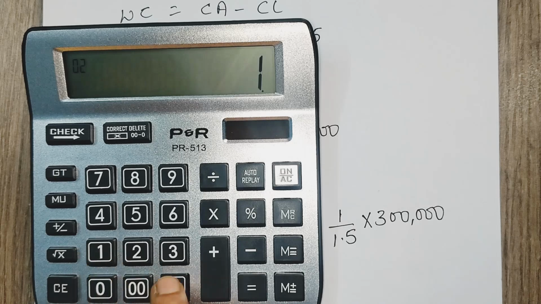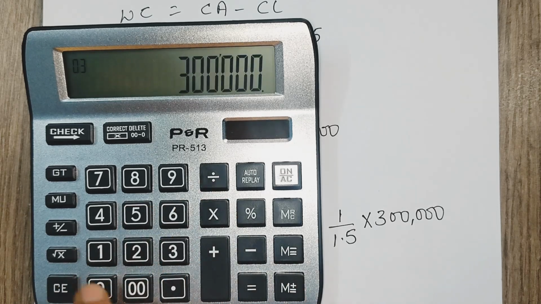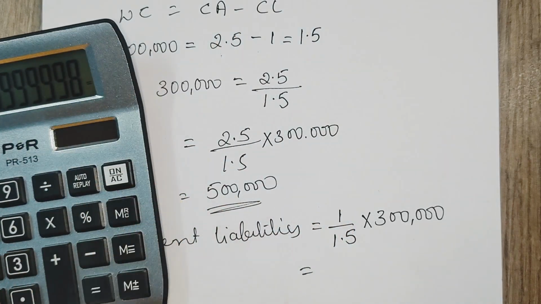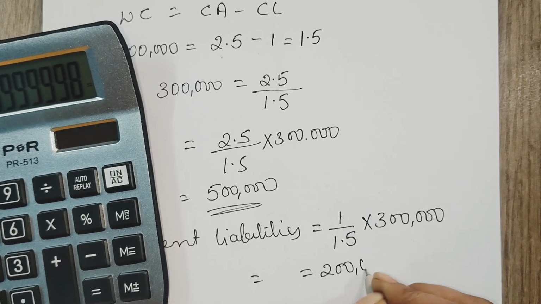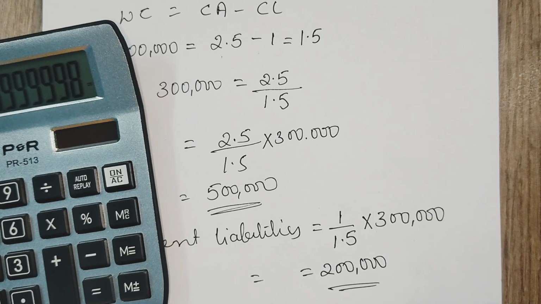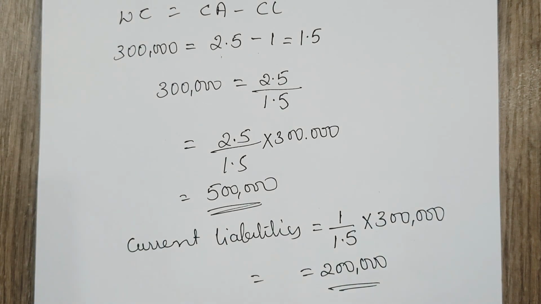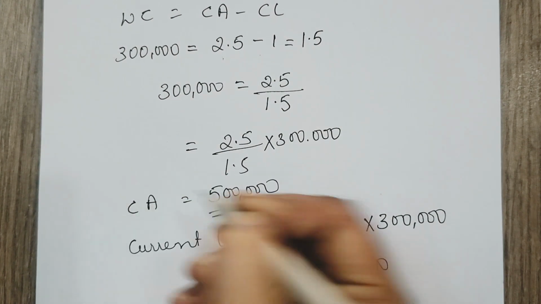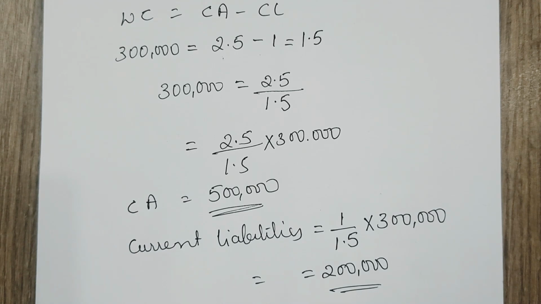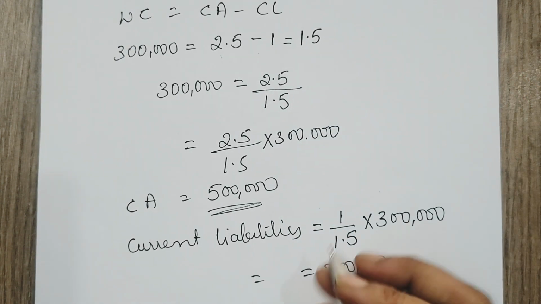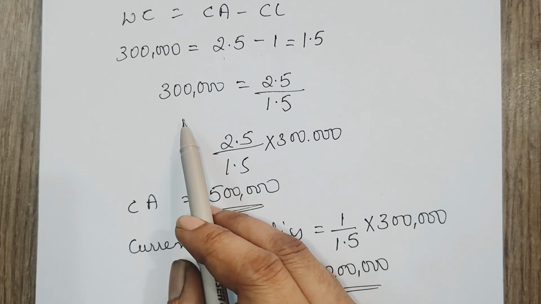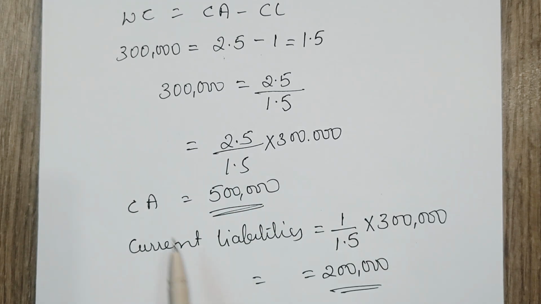That is 1,99,999, so it is 2 lakh. 2 lakh is the current liabilities. Current asset is 5 lakh, current liabilities is 2 lakh. We have calculated these. With the help of current ratio and working capital, we have calculated the current assets and current liabilities.